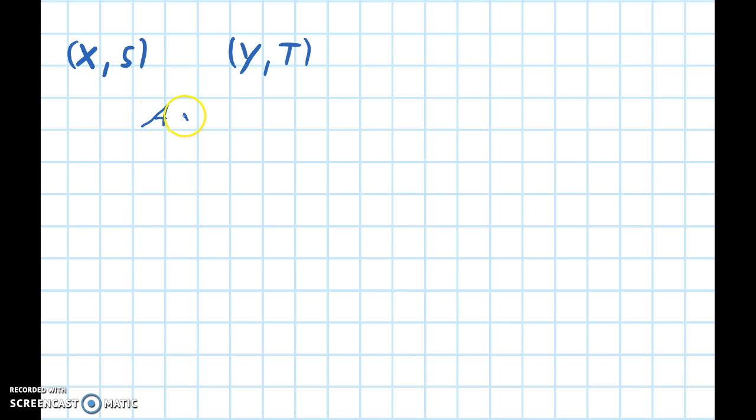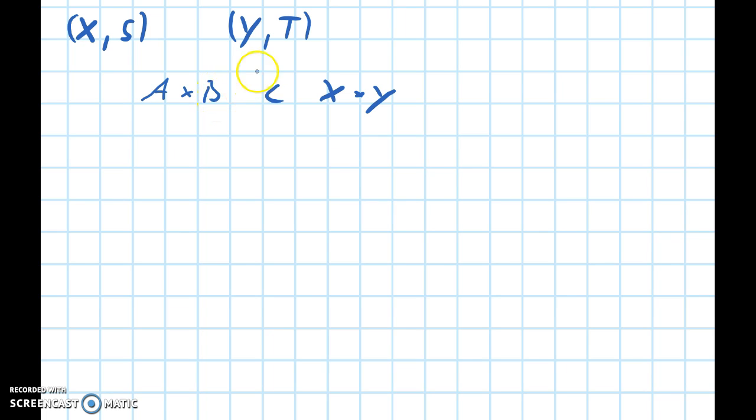So suppose you have a subset A cross B of the Cartesian product of X and Y. Then this subset A cross B is called measurable if A is a member of the sigma algebra S and B is a member of the sigma algebra T. And we define sigma algebra S cross T on the product space X cross Y. So X cross Y is our space, and S cross T is our new sigma algebra, and S cross T is defined to be the smallest sigma algebra that contains all measurable rectangles.